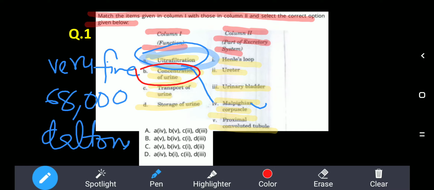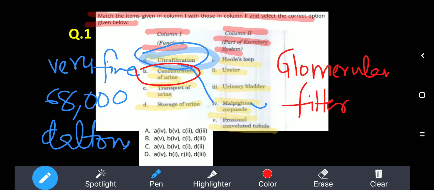So you have got the glomerular filtrate in your hand, and from this filtrate we are taking out the water as a result of hyperosmolarity in the mechanism called the counter current mechanism. So concentration of urine is related to Henle's loop.